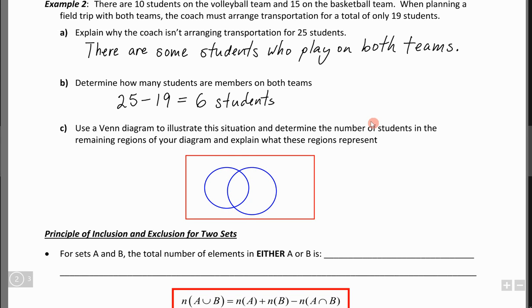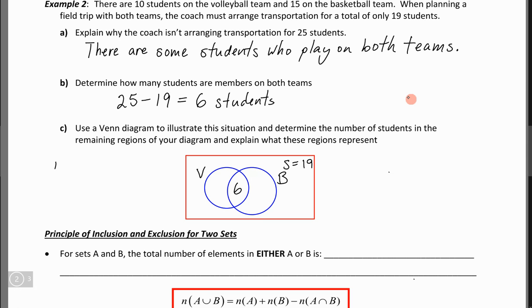Perfect. So I'm going to say here that we have a sample size of 19, so S equals 19, and we have a volleyball team and a basketball team. The number of students that are in both teams is 6. So how do I figure out the numbers in each?